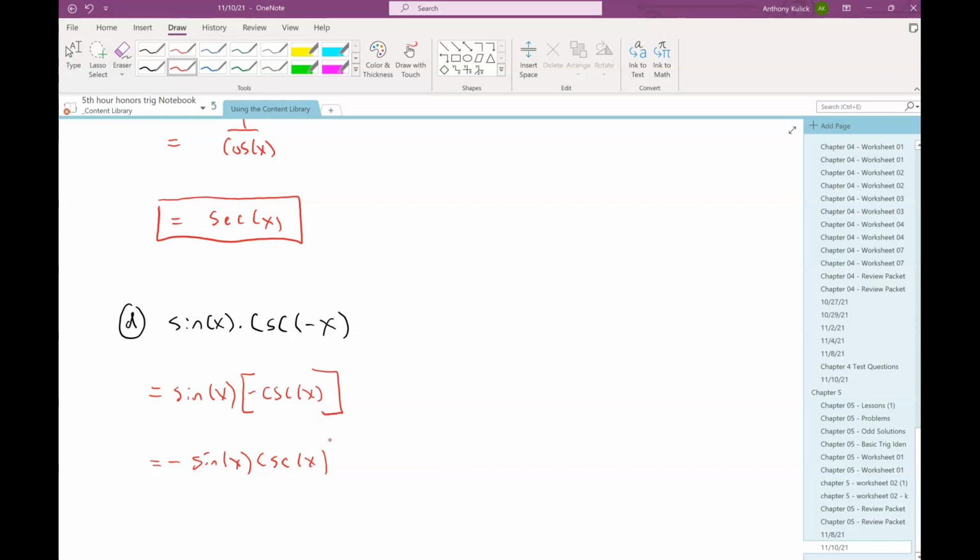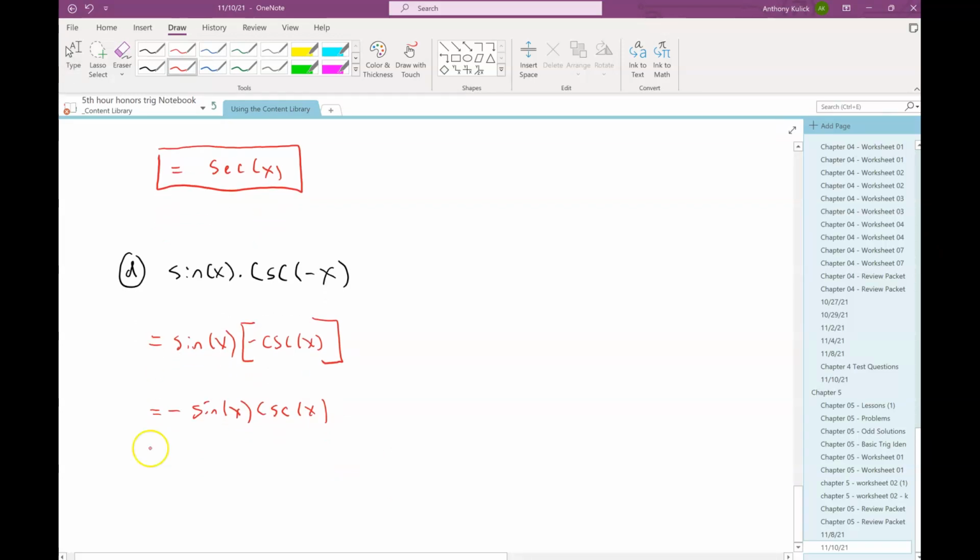What do you think we should do next? Both the variable parts are the same now, right? They're both just regular old x's. That's great. I would go look at identities again. Ella, do you have an idea? Yeah, let's just put it this way.